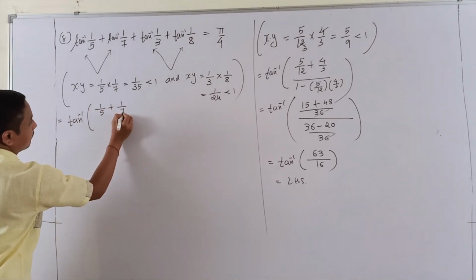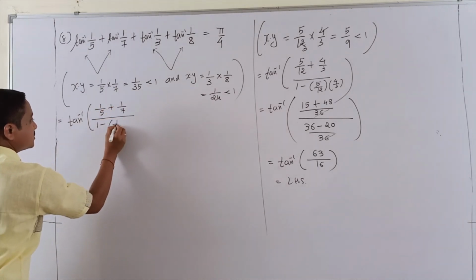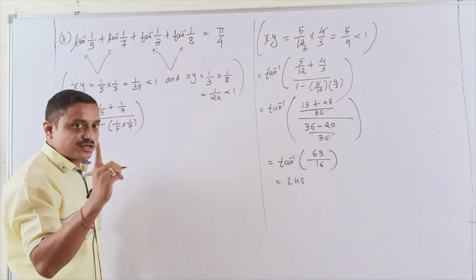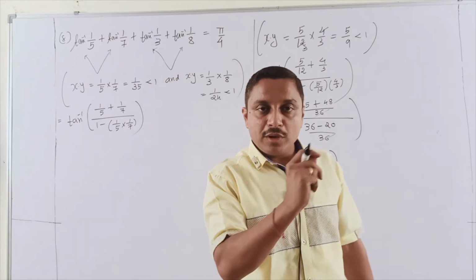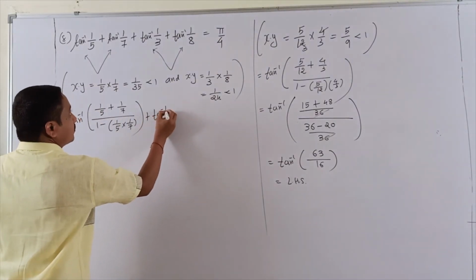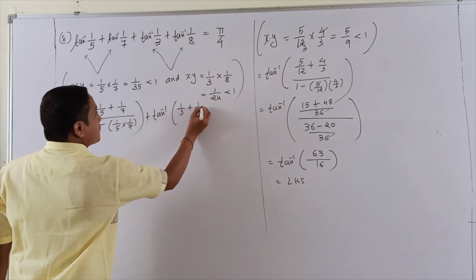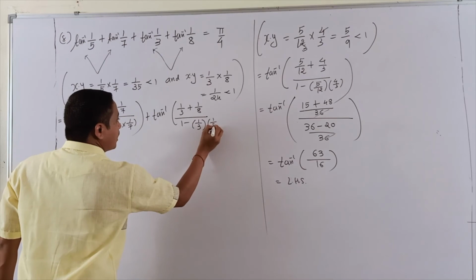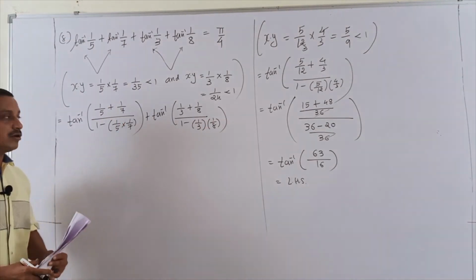Tan inverse 1 by 5, 1 by 7, same as 1 by 5, 1 by 7. This is my first case. Similarly, I go ahead to the second one. 1 by 3, 1 by 8, 1 minus 1 by 3 times 1 by 8.